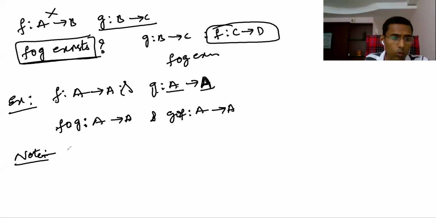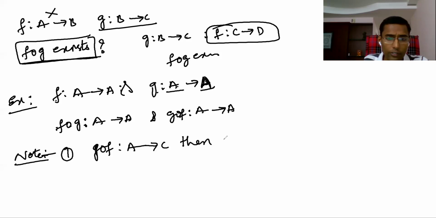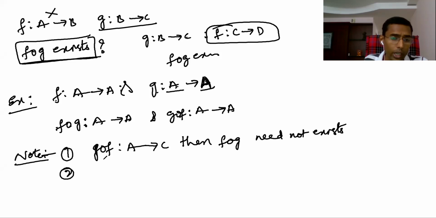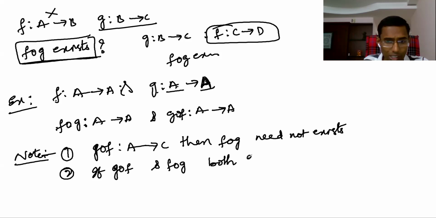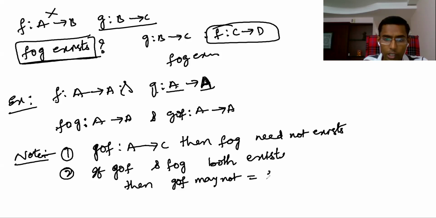Note one: when g circle f exists, a function from A to C, then f circle g need not exist. May exist, may not exist. Number two: even if both f circle g and g circle f exist, they may not be equal. g circle f may not equal f circle g.